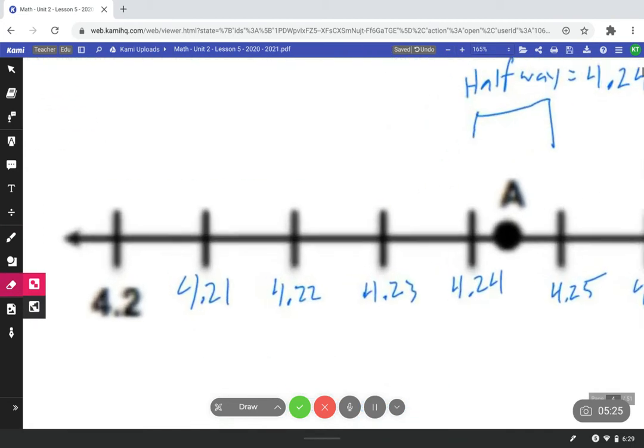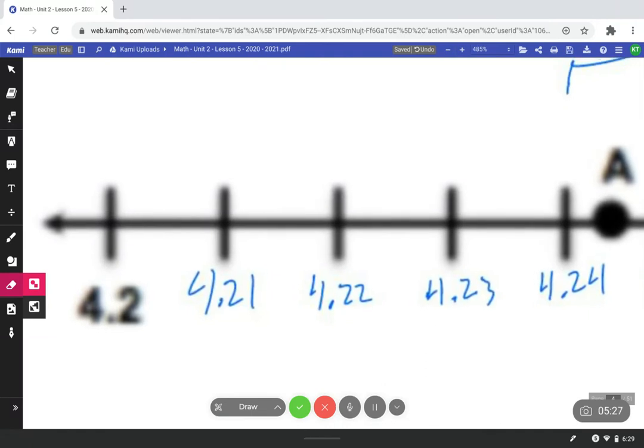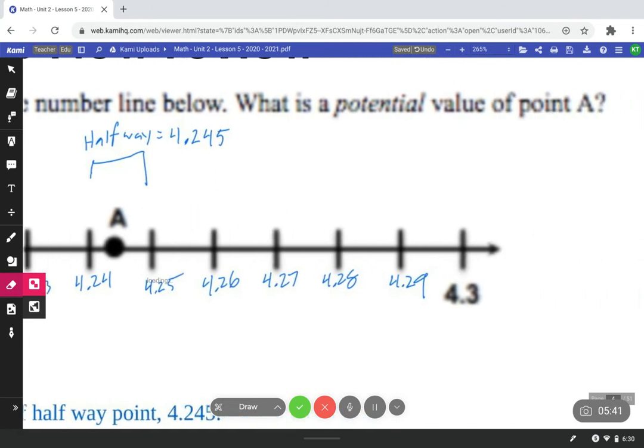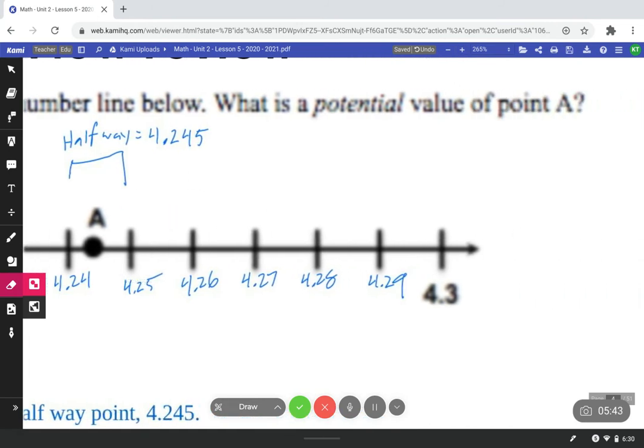So that's how I know that each tick mark is going to be 4 and 21 hundredths, 4 and 22 hundredths, so it goes 20, 21, 22, 23, 24, 25, 26, 27, 28, 29, 30.